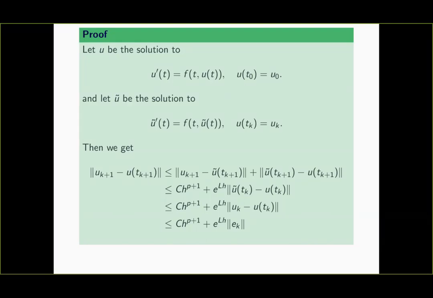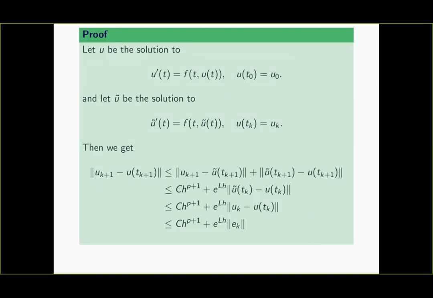Okay, the first thing we do is apply the triangle inequality. So we can bound this from above by the Euclidean norm of uk plus 1 minus u tilde at tk plus 1, plus the Euclidean norm of u tilde at tk plus 1 minus u at time tk plus 1. I simply subtract u tilde of tk plus 1 and add u tilde of tk plus 1 and take the triangle inequality. Now the first term here is the local discretization error as we go from time step tk to tk plus 1.